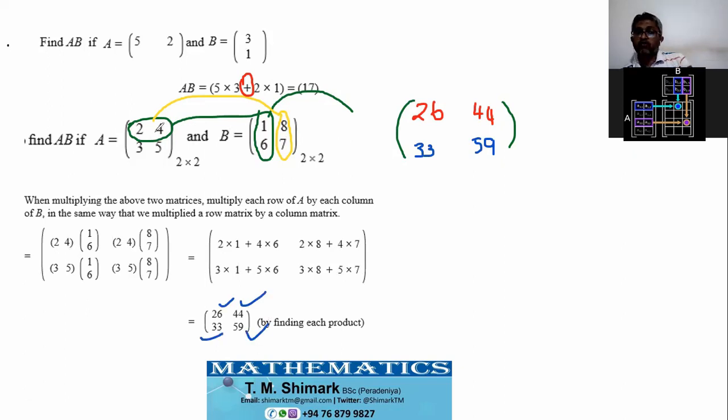The first row, first column will give me the first element. This is the important thing you have to remember. If I want to find this one, I need to multiply the first row and the second column. If you have understood that, then you will be able to find the answer, right?